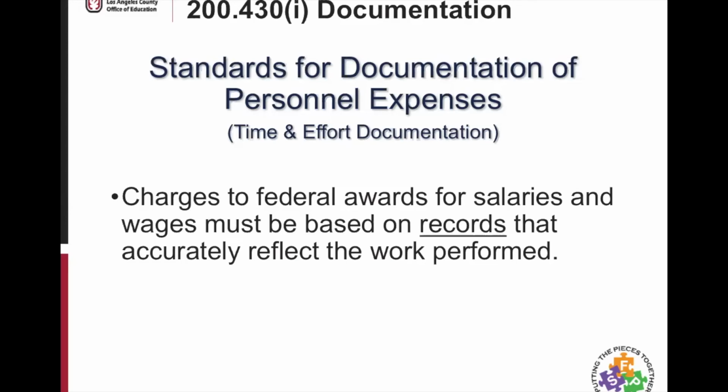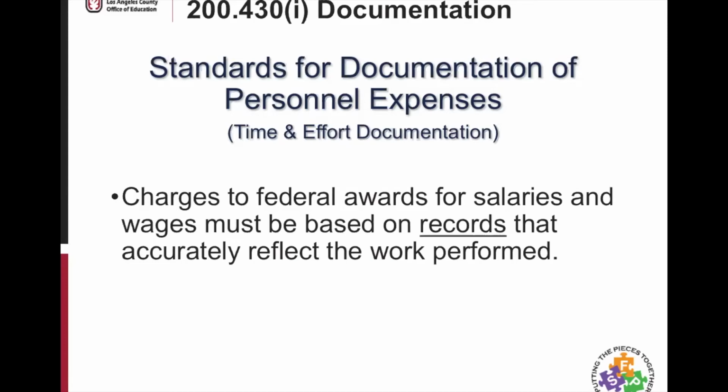And the first part of it talks about what you can count for personnel, how you can pay, what's allowed, what kind of positions. But this particular section I is the one that people usually zone in on because it's about the requirements for documenting personnel expenses. And this is what we've always referred to lovingly as kind of time and effort reporting, right?